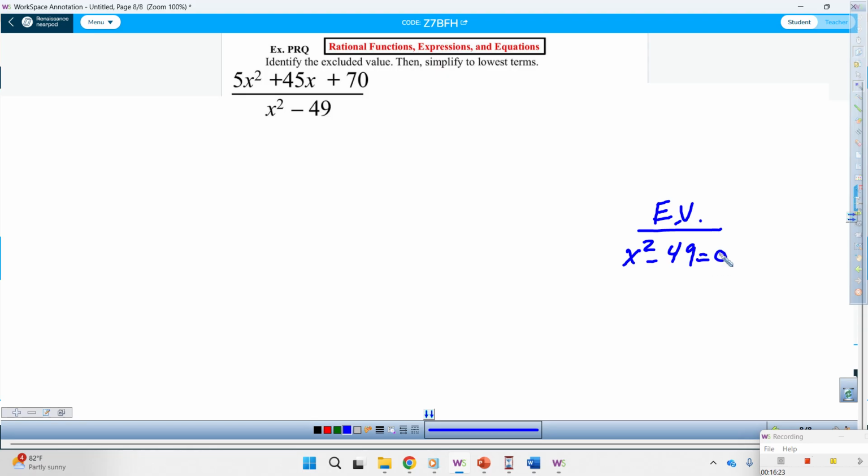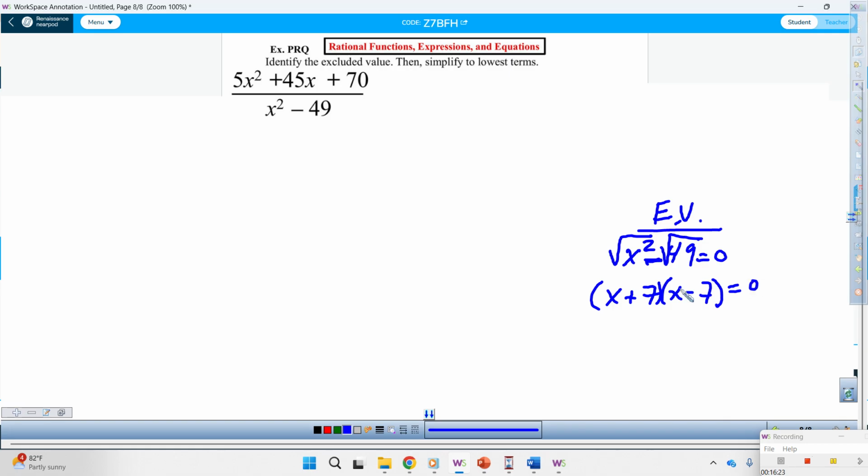Yes. Next, we factor. Since it's a binomial and it's a negative, what do we do? Take the square root of the first. That gives us x times x. Square root of the second. What is square root of 49? 7. Since it's a difference, one of them is positive, the other one is negative, set it equal to 0.